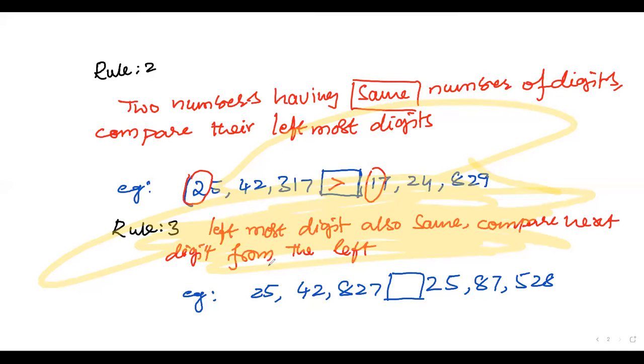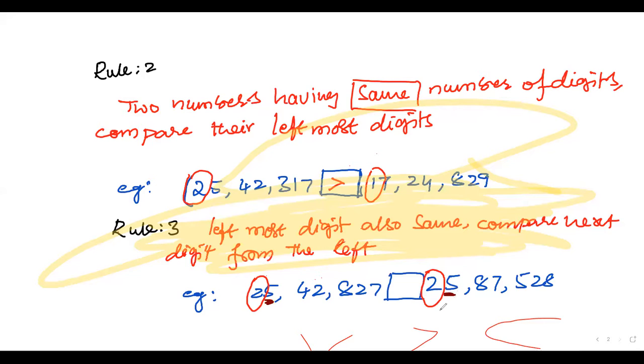When two numbers have the same number of digits, to find the greatest and smallest we compare the leftmost digits. Here it is 2, and here the leftmost digit is also 2. These two are the same, but we should not put equal between them, because we should go to the next digit. What is the next digit? This is 5, and 5 and 5.